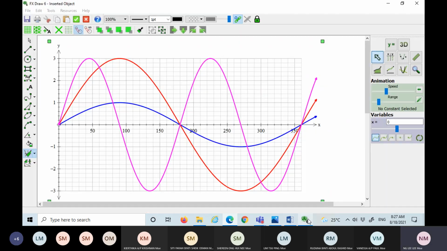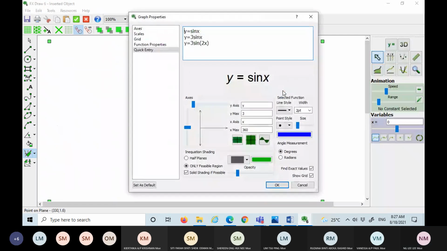So I come back to the graph. The next graph is a light blue color, so +1.